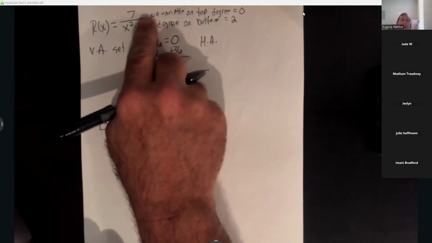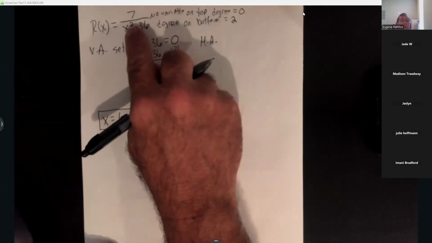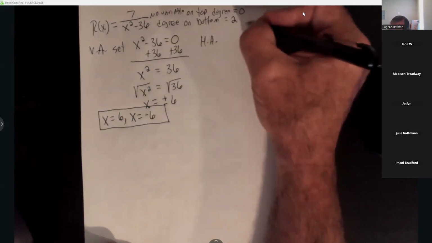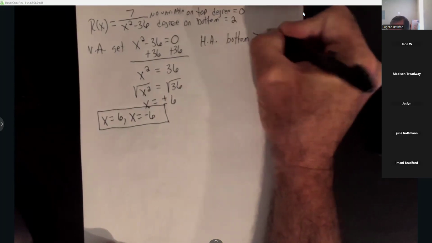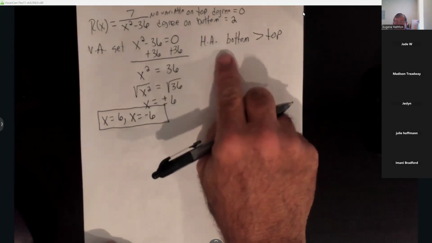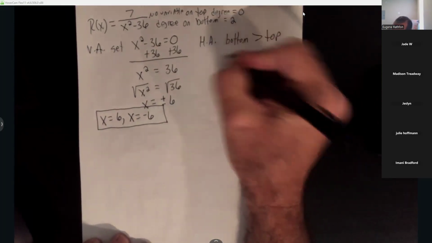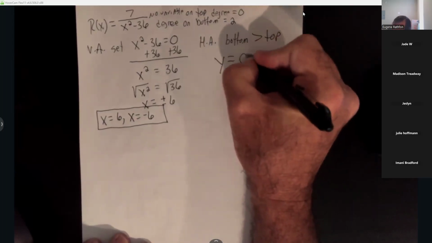Okay, so no variable, 0 would be your degree. And then this one did have a variable, so 2 was the degree on the bottom. So that means the bottom was greater than the top. So what did we say if the bottom was greater than the top? We said that that would be y equals 0.